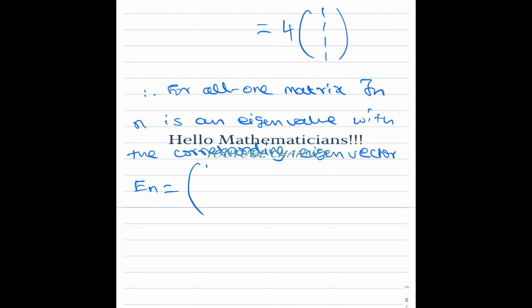What is En? En is the all one vector belonging to Rn.